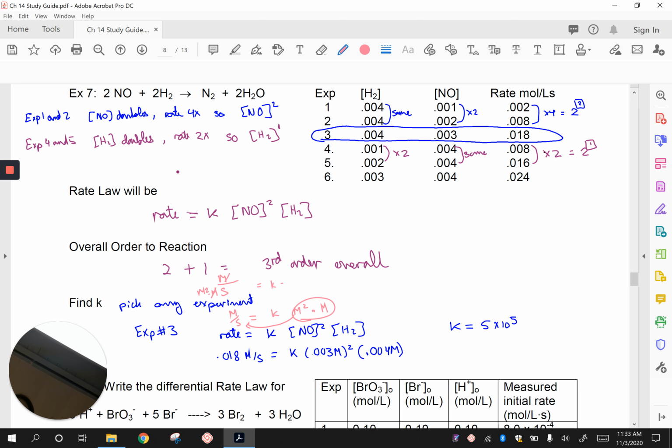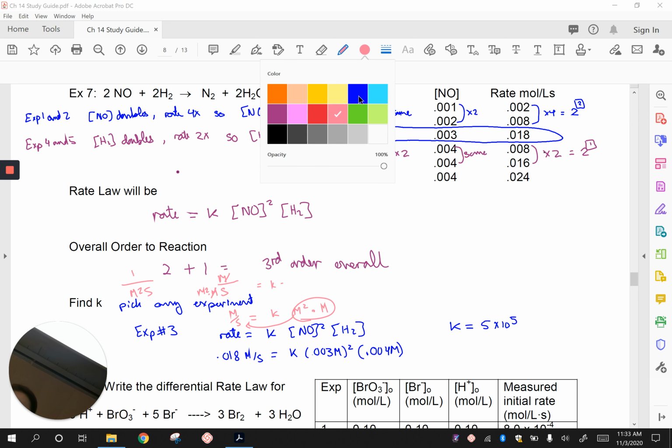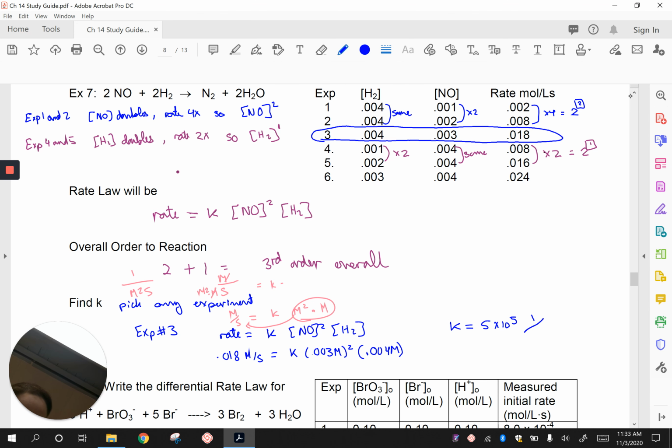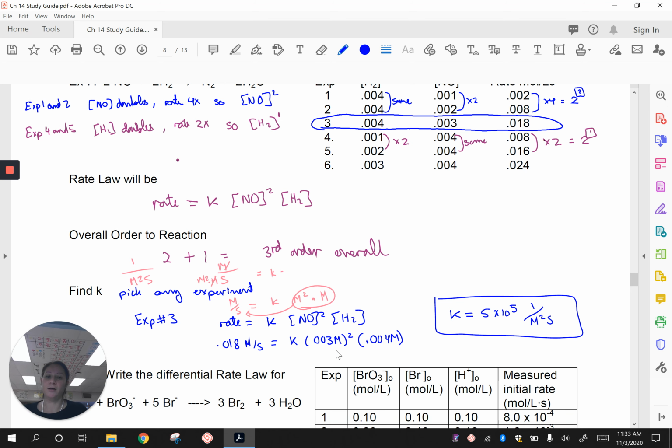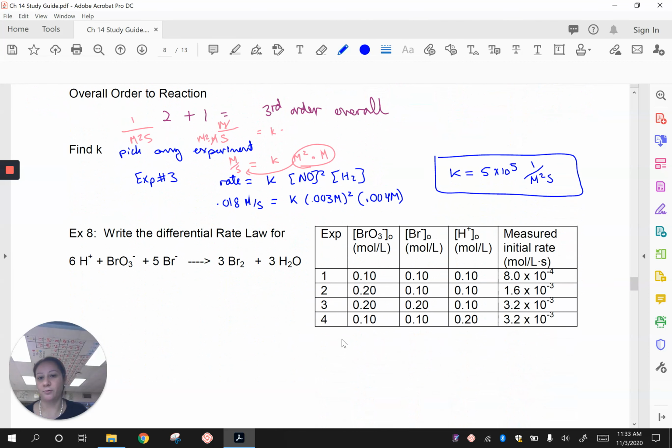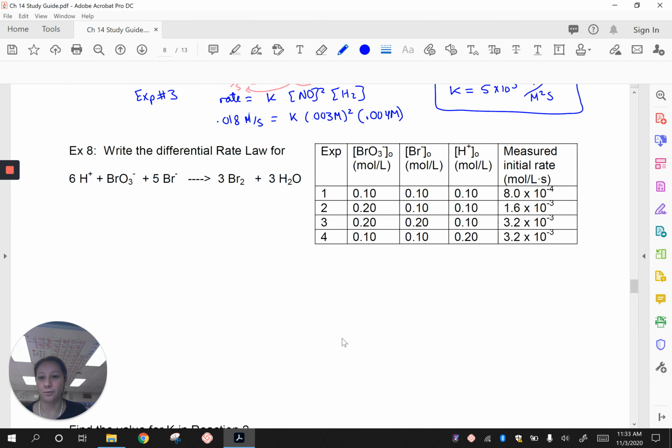So I end up with my units as 1 over molar squared times second. And so that's my answer. The units for K are important, and there are different ways to do it. I just cancel my units to figure out what units I get, but we will look at the units for first, second, and third order.